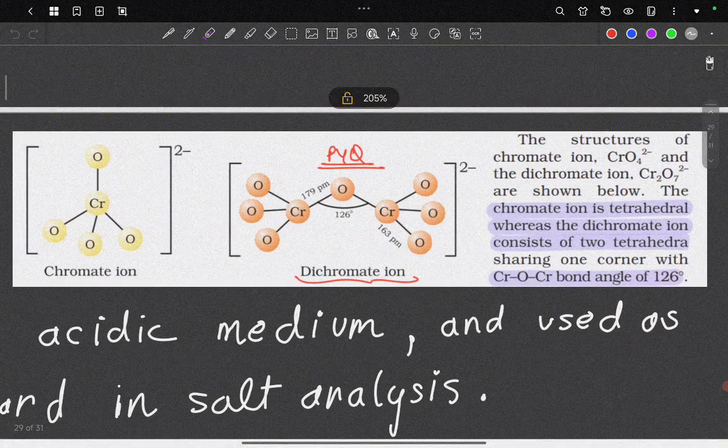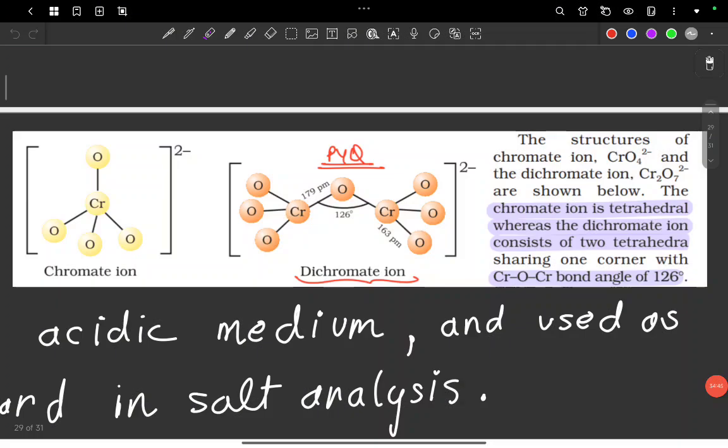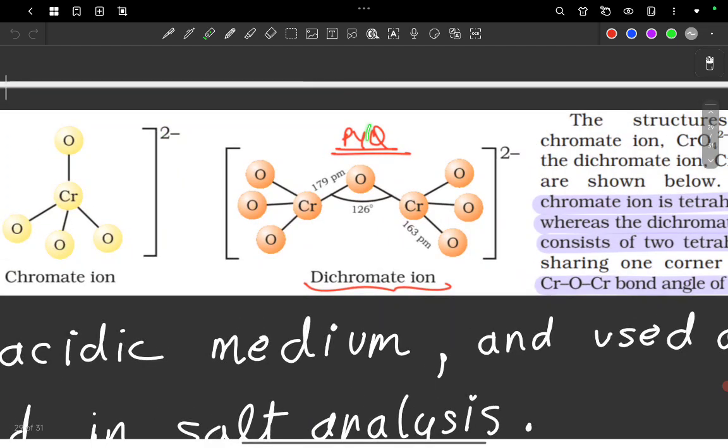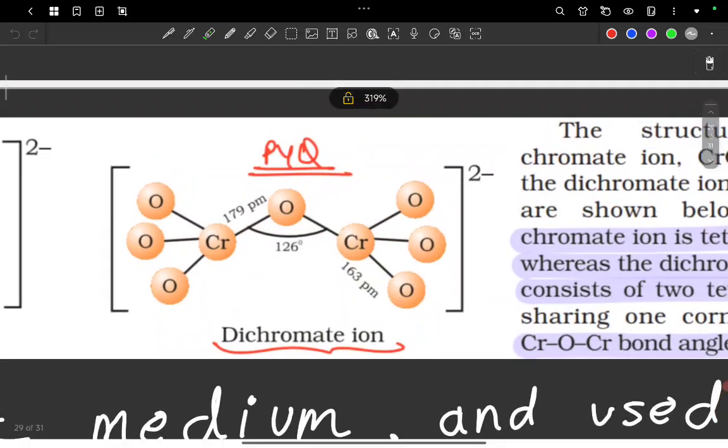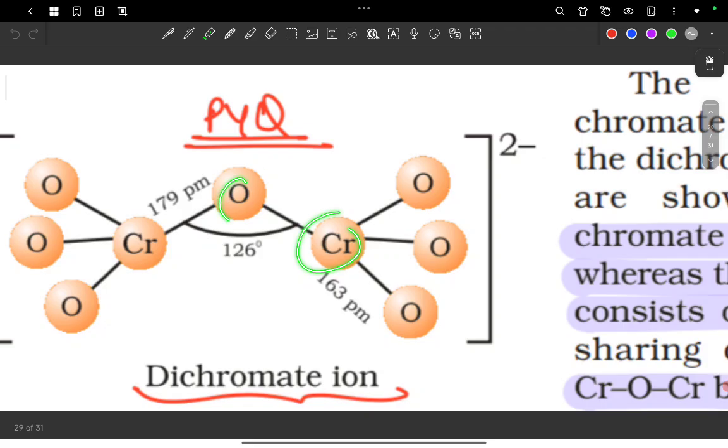First of all, this excerpt from the NCERT. Both of them are tetrahedral in shape, but the second one is actually two tetrahedrals joined with one single O atom in between. This was the dichromate and chromate, and they asked a previous year question on this: are all the Cr-O bonds in dichromate equivalent?